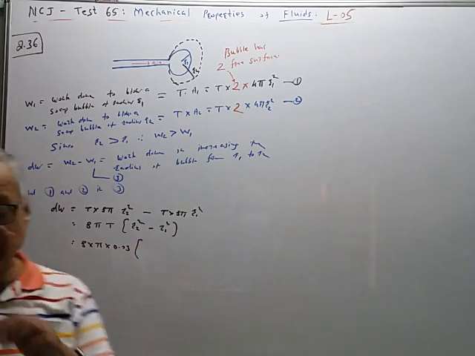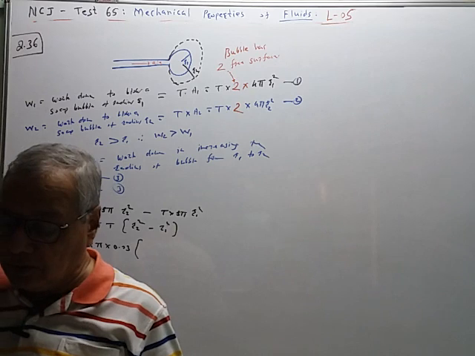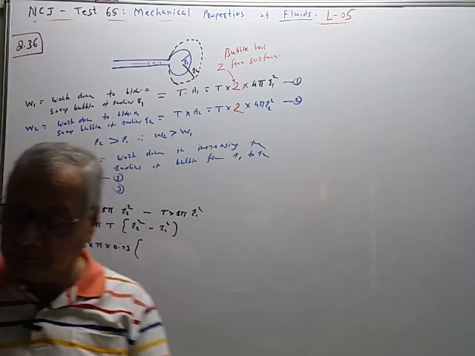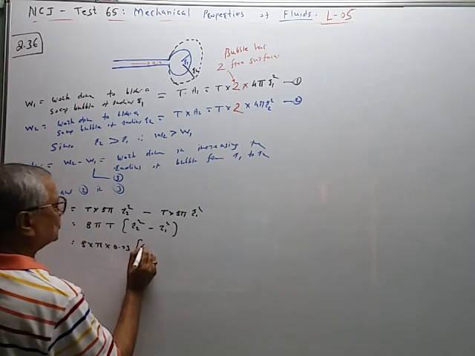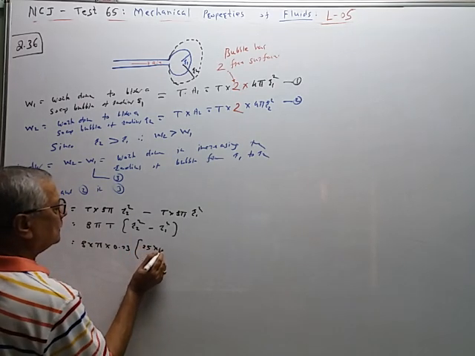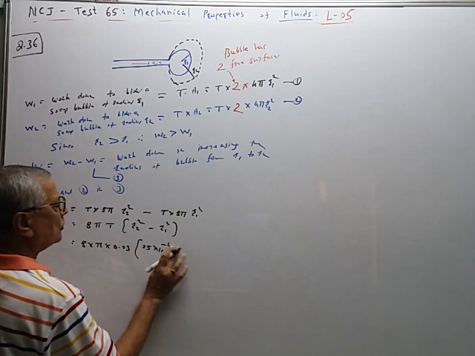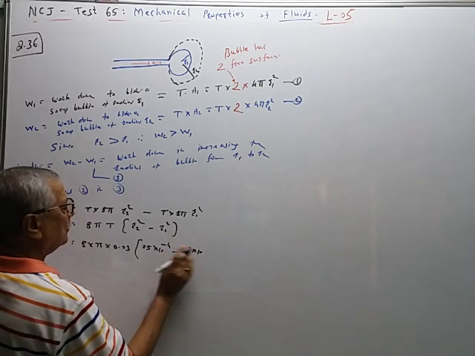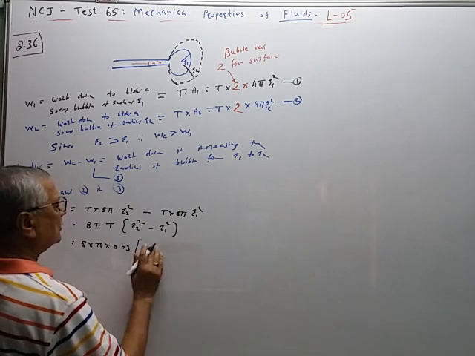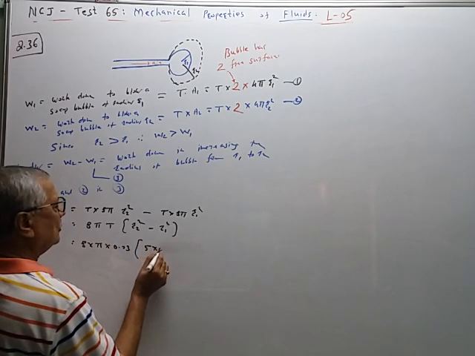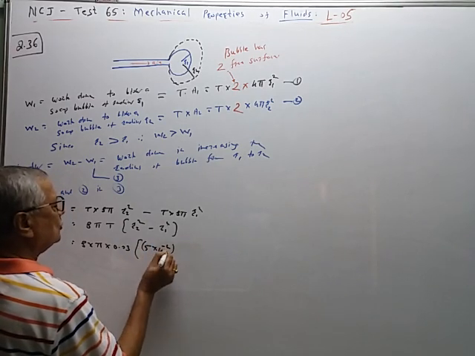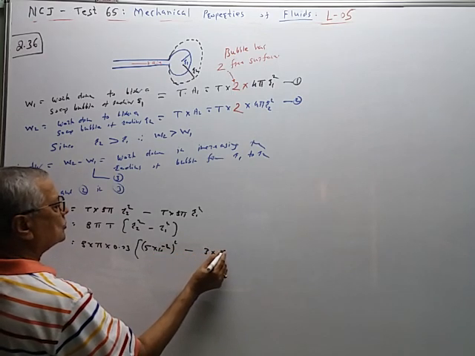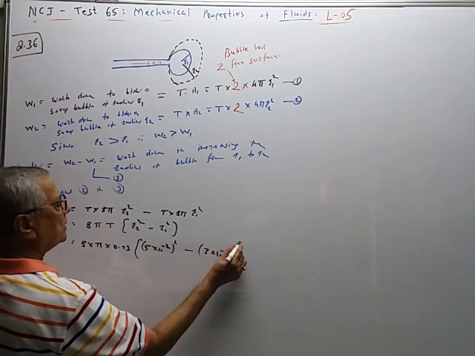So we are using SI system. So R2 square: 0.5 into 10 raised to minus 2 bracket square minus 3 into 10 raised to minus 2 bracket square.